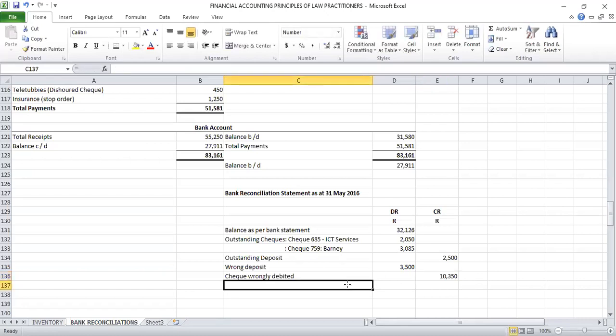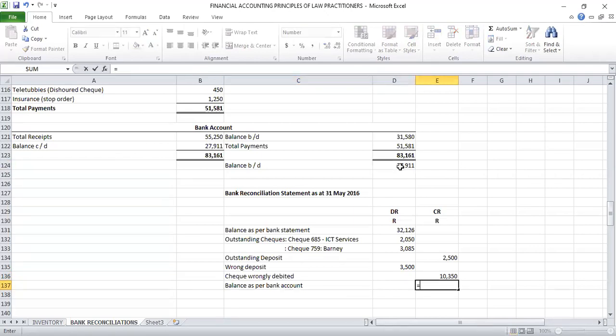After entering everything, we enter the balance per bank account, which is the one that we found here. It's on the credit, so we record it on the credit side.